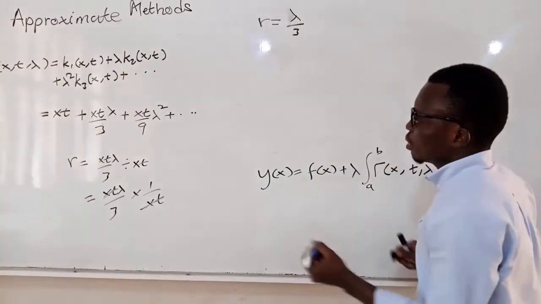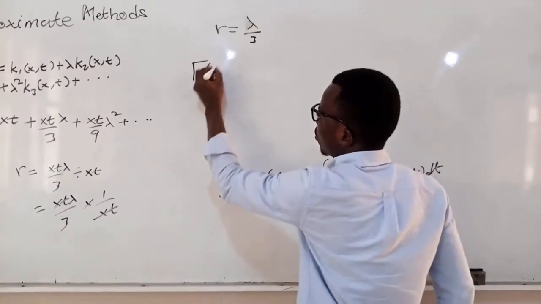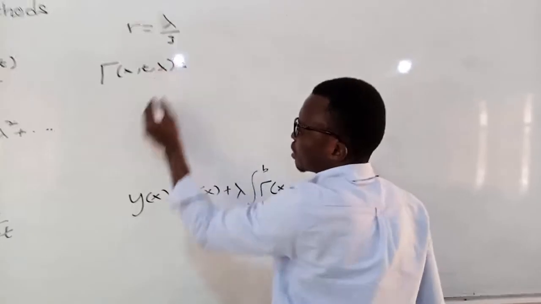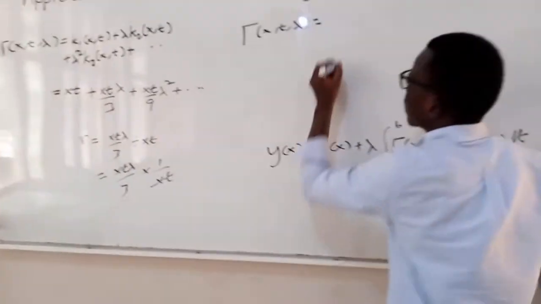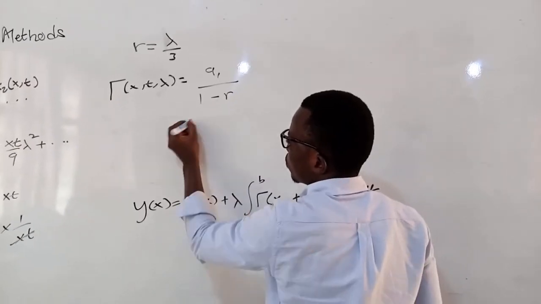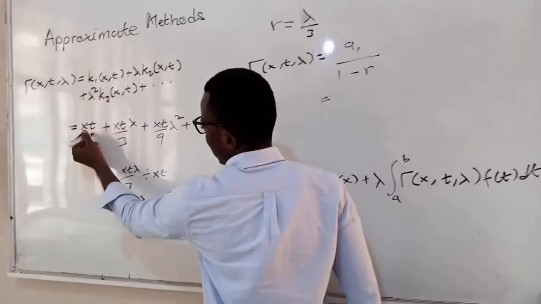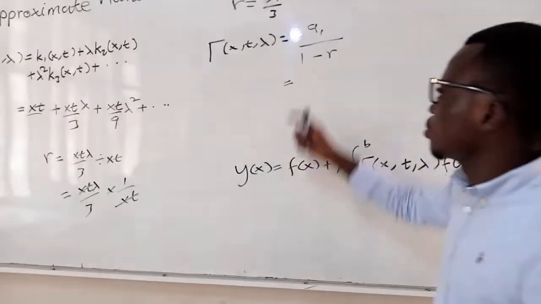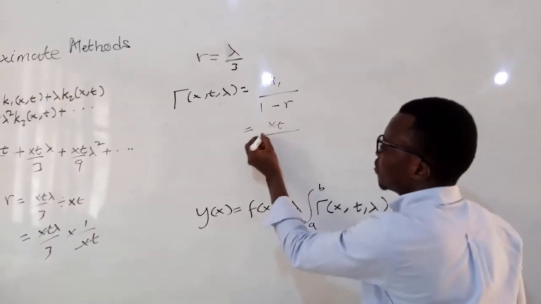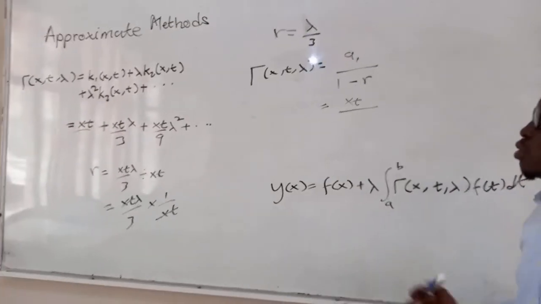And therefore gamma of st lambda will be equal to the first term, a1, over 1 minus r. a1 is giving us this st, so let's substitute st here, divided by 1 minus the ratio.